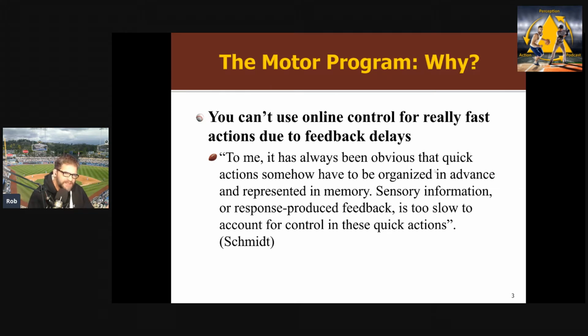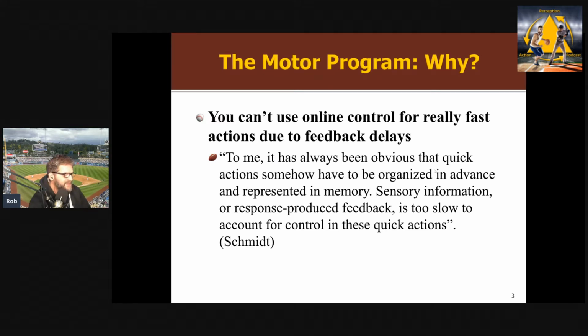As the quote from Keele suggested, one of the dominant ideas is that motor programs are necessary for really fast actions. With really fast actions, say if I have to move within less than half a second, we know that the time it takes visual information to get back up to my visual system and allow me to correct my hand movement, there's not enough time for me to use feedback.